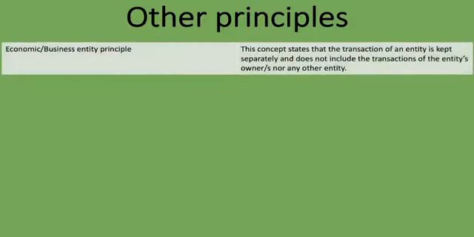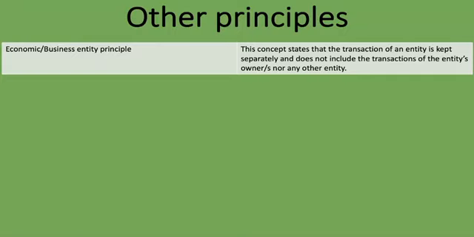Here are some few other principles that you need to consider: economic or business entity principle, or business entity concept as others may know it. This concept states that the transactions of an entity are kept separately and do not include the transactions of the entity's owners nor any other entity.